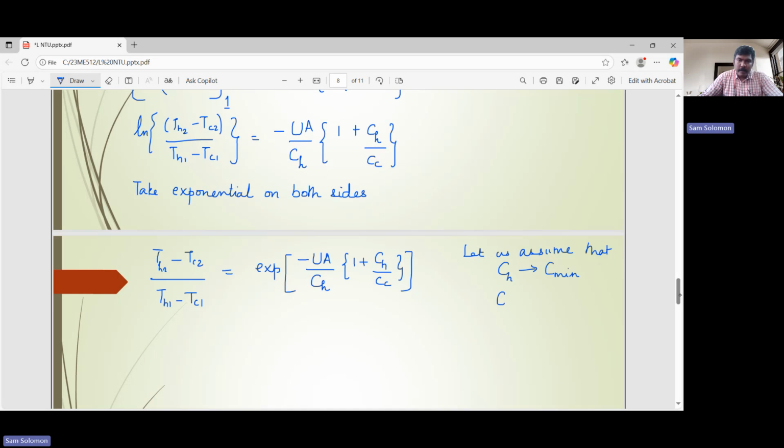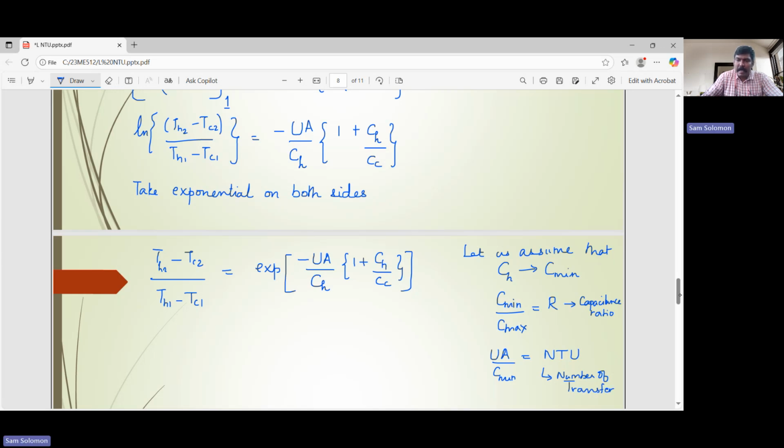And let's say this C minimum by C maximum, let it be assumed as R, which we call the capacitance ratio. Okay. And this term UA by CH, where CH is what we now consider as C minimum, this UA by C minimum is a dimensionless number, which we call the number of transfer units.